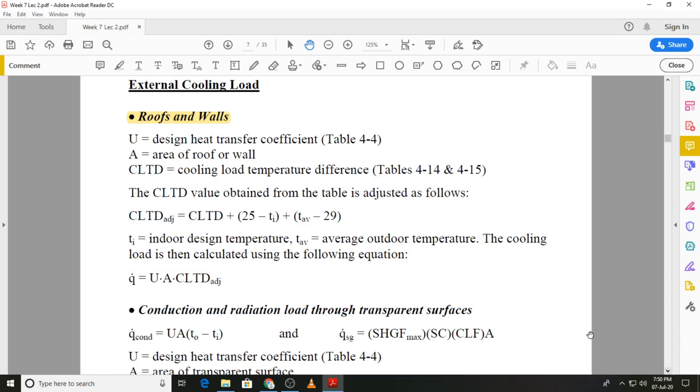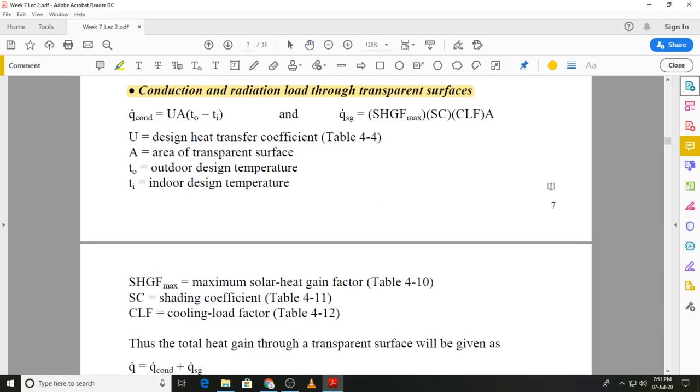The next heat gain is conduction and radiation through transparent surfaces. When you calculate the conduction through a transparent surface, for example a window, then the conductive heat gain is calculated using the standard heat transfer equation, that is Q is equal to UA delta T, where delta T is the temperature difference between the outside design temperature and the inside design temperature.